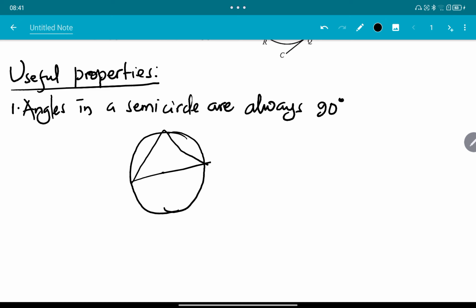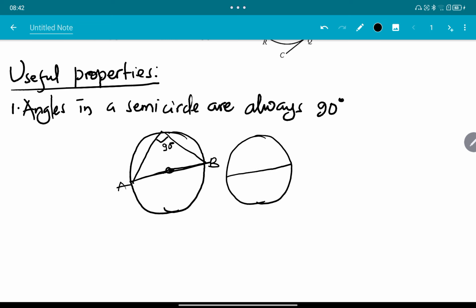When you have a semicircle, we know it is a semicircle when it has a diameter. So we can say AB is a diameter. Whenever AB is a diameter, it means this angle here is 90 degrees. That is what we meant with that. And that angle can appear in different forms.